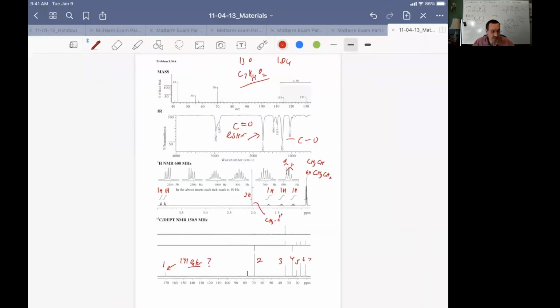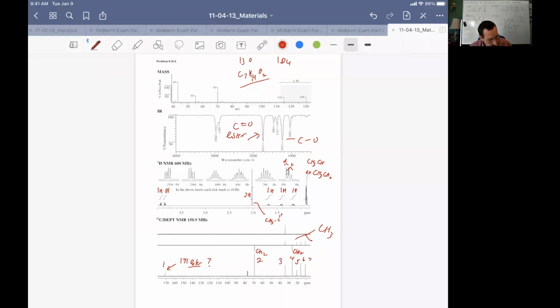All right, so we've got a bunch of stuff going on here. And to be honest, you could probably figure out your molecule just from what you have. You know that you have 3 CH3s in the molecule. You know that you have a couple of CH2s in the molecule.